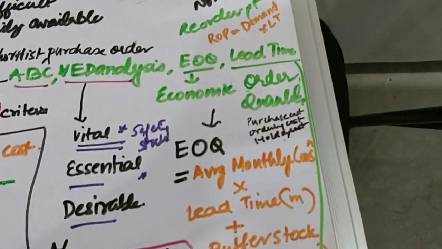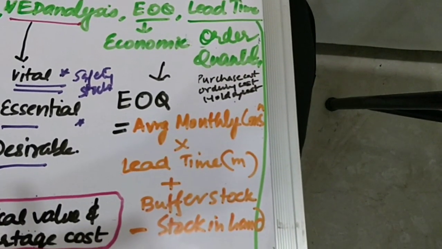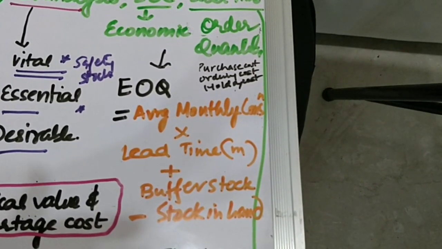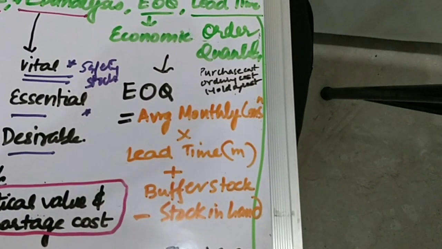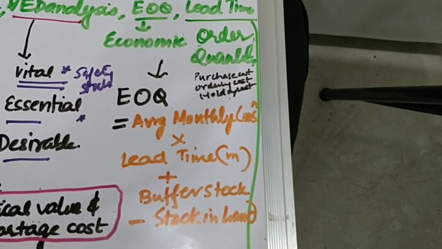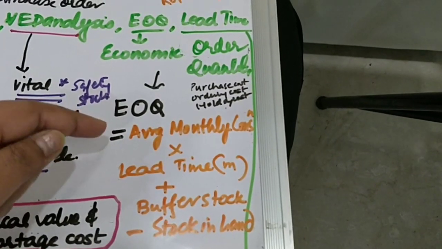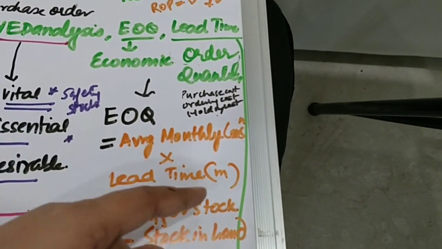Next is economic order quantity. Economic order quantity is a concept which decides how much the purchase cost, order cost or holding cost would be. Economic order quantity depends upon average monthly consumption, meaning how much is being consumed, into lead time, which should be taken in months.